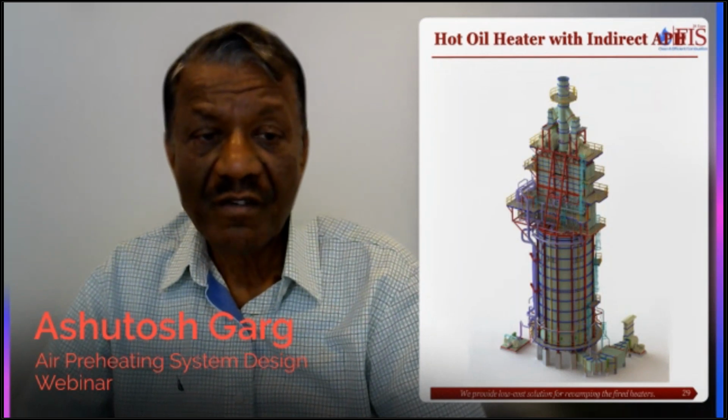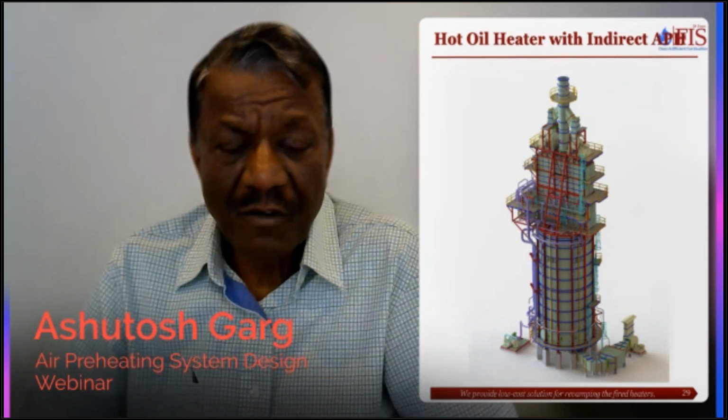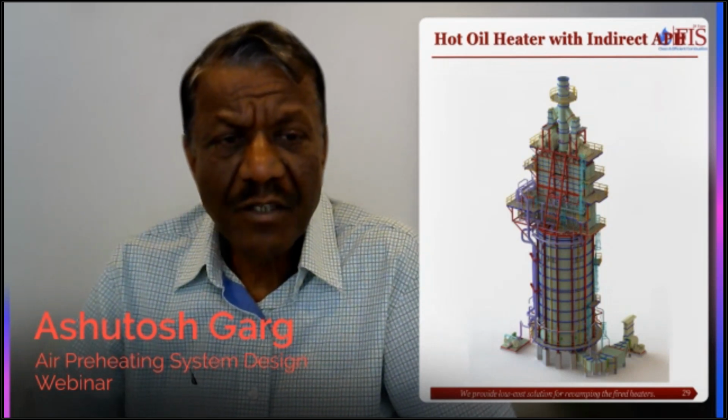So we said, okay, let's put ID fans also. You can see the plot plan. This is an FD fan. Then we have a combustion air preheater where we are preheating the combustion air using the hot oil fluid, and then the hot air is going to the plenum. Very, very nice. This is about a 30 million kilocalories heater working very nicely for the past 6 years.